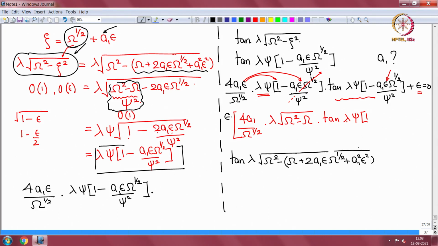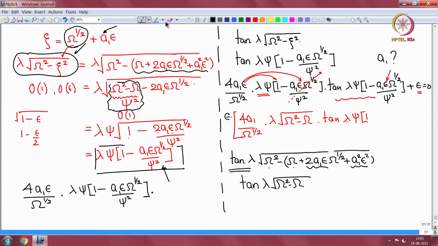Now because it's inside the tan, I cannot separate it out algebraically like this. So I will take the dominant terms. Epsilon is a small term compared to omega or omega square. Epsilon square is a further small term. So I will just take it as tan lambda square root of omega square minus omega.